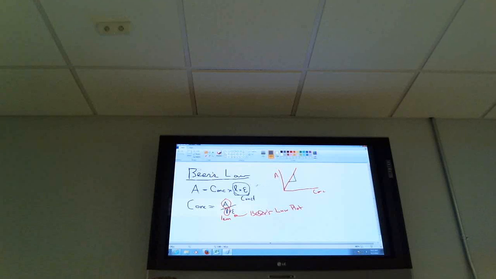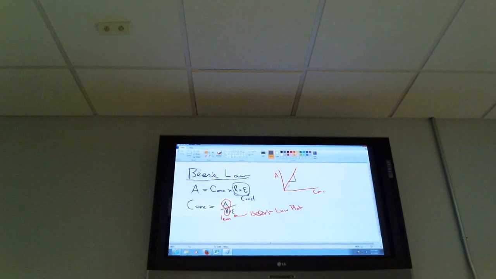If the length is just 1, then the slope is epsilon. Normally we would have to do a Beer's law plot to get what we call epsilon, the molar absorptivity or the extinction coefficient for crystal violet.